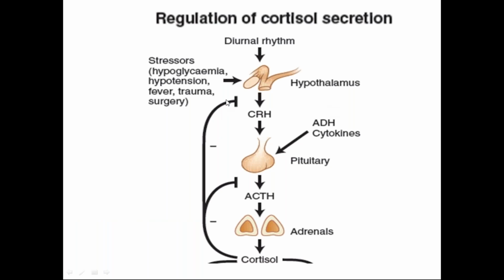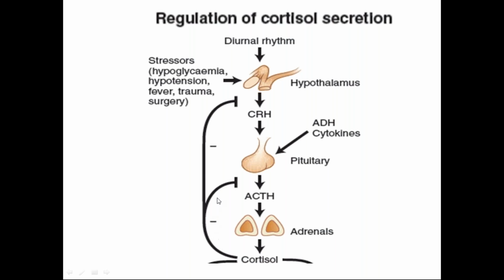So the regulation of cortisol secretion. Whenever there are stressors like hypoglycemia, hypotension, fever, or trauma, there should be a rise in stress hormones like cortisol. The hypothalamus releases corticotropin releasing hormone, then ACTH from the pituitary acts on the adrenals and produces cortisol.